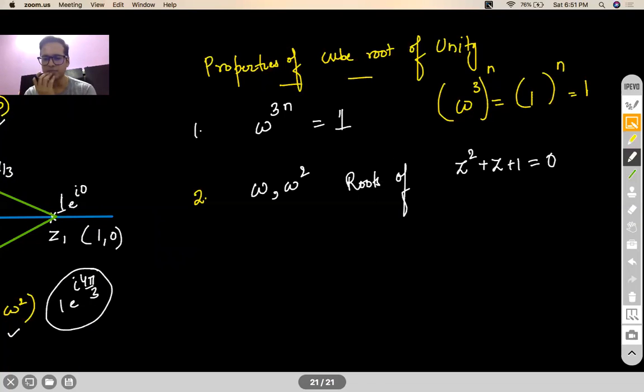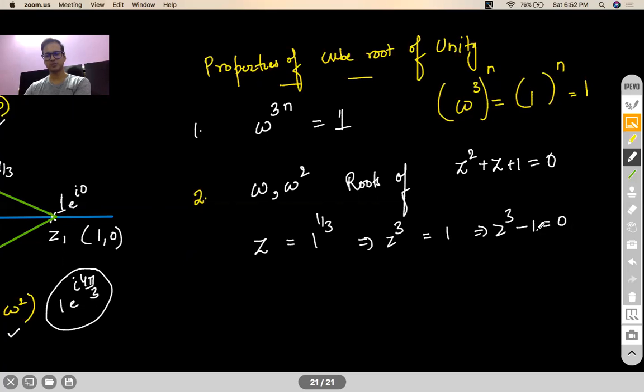How did I come up with this equation? That's very simple. Let's go back. We were finding cube roots of 1, right? Let's say I call it z. That means I'm saying indirectly z cube is equal to 1, so z cube minus 1 is equal to 0. If you factorize it, it becomes (z minus 1)(z square plus z plus 1) equal to 0, right?